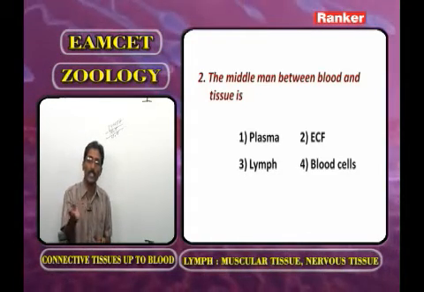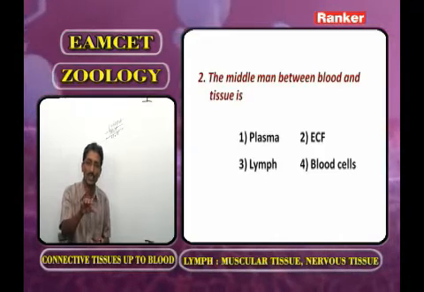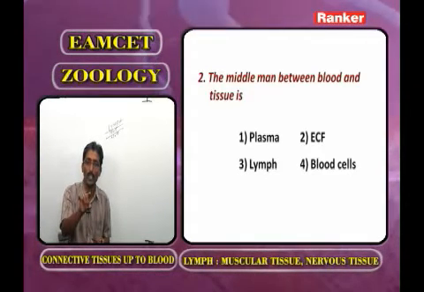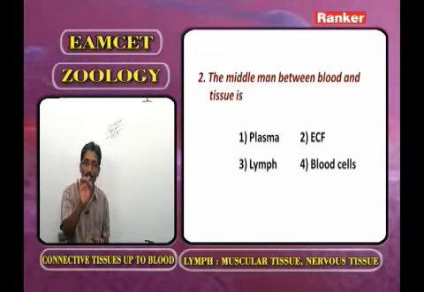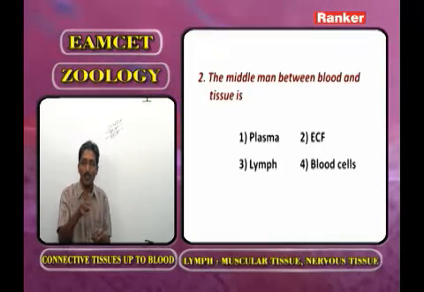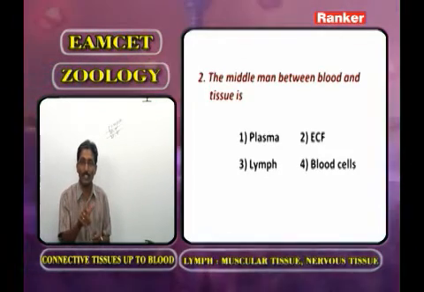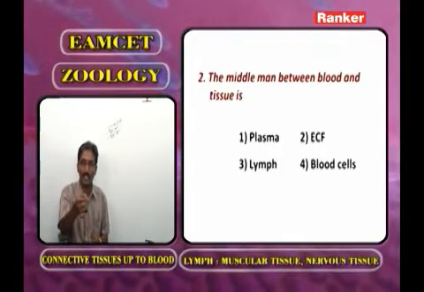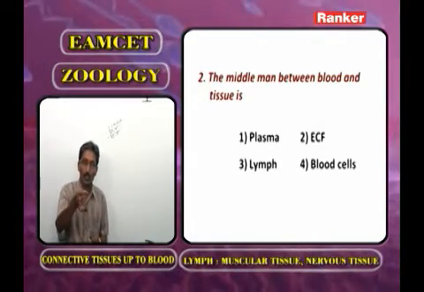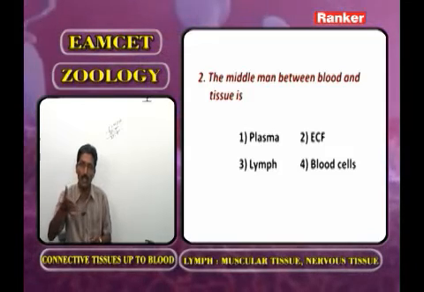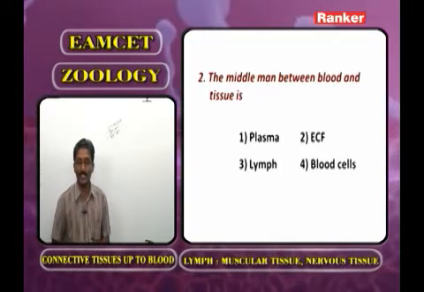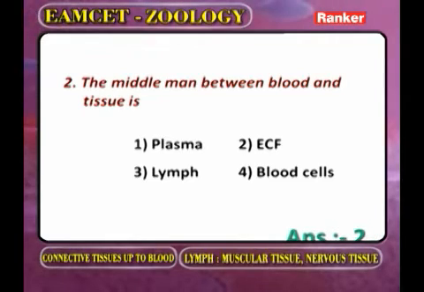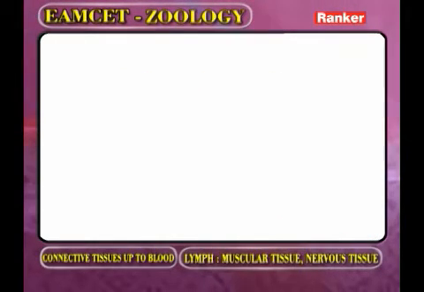The fluid that is left over in the tissues we call extracellular fluid, technically known as ECF. So what is the connecting link between the blood and the tissues? ECF. That ECF is collected by lymph capillaries. They unite to form lymph vessels and go on. Now you have to imagine the answer for this question is the second option, ECF. Now we go for the next question.